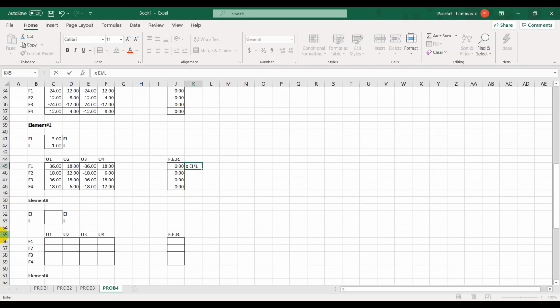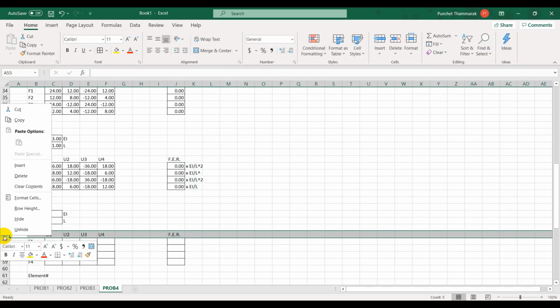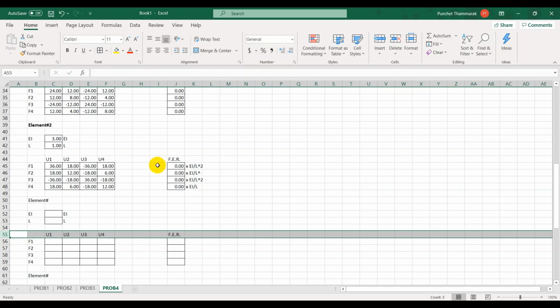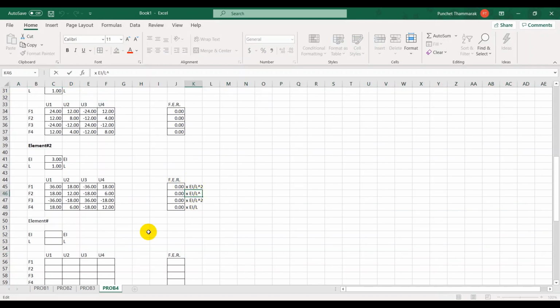EI over L square. And yeah, EI over L. I will not spend too much time working on this L square thing. Yeah, this is 1.